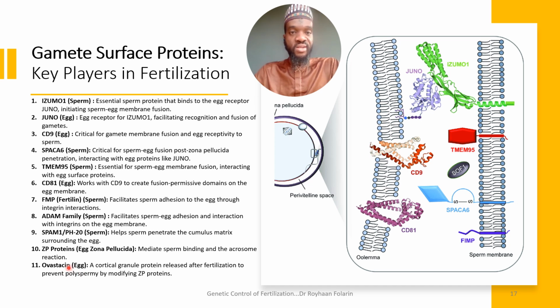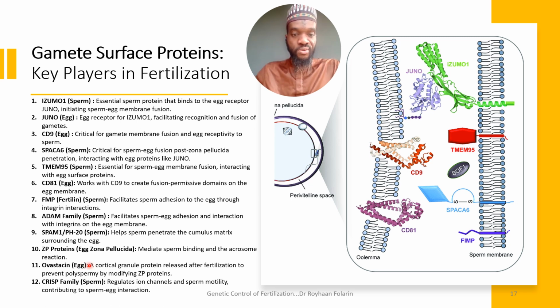This protein is a cortical granule protein that is released after fertilization to prevent polyspermy by modifying the zona pellucida proteins.